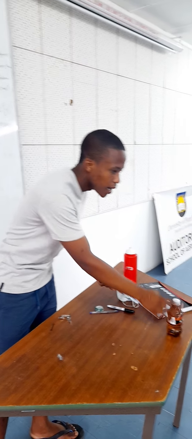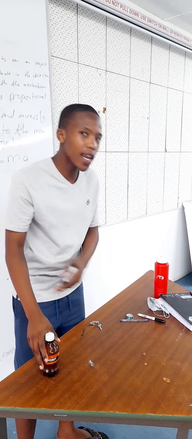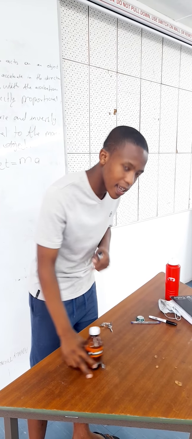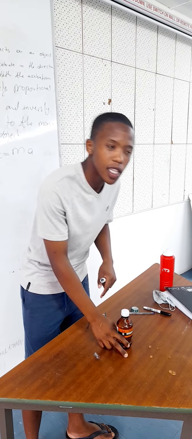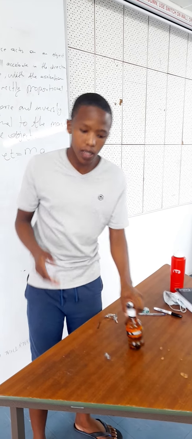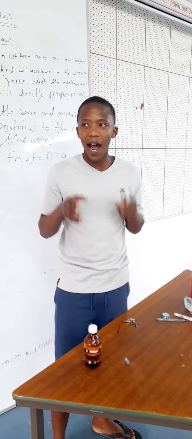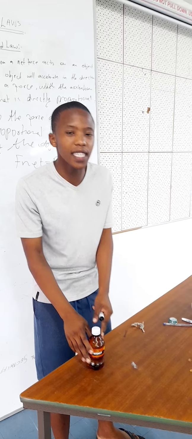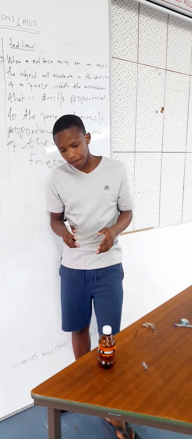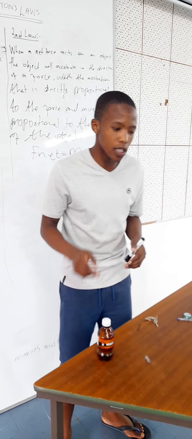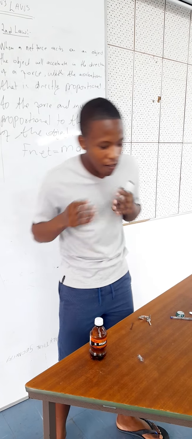This object is moving when I'm pushing it with the force of 2 newtons, with an acceleration of 0.2 meters per second squared, I'll say. Then now I am increasing my force. I am pushing this object with a force of 5 newtons. So this is my 5 newton force.